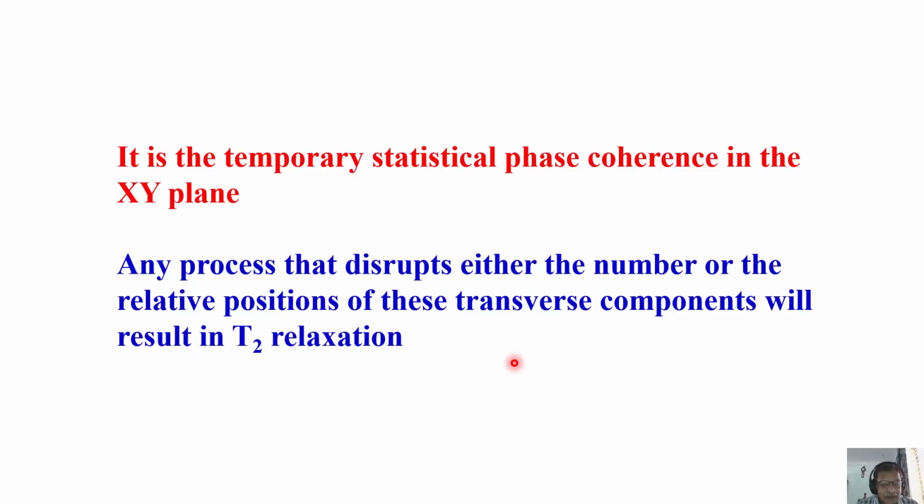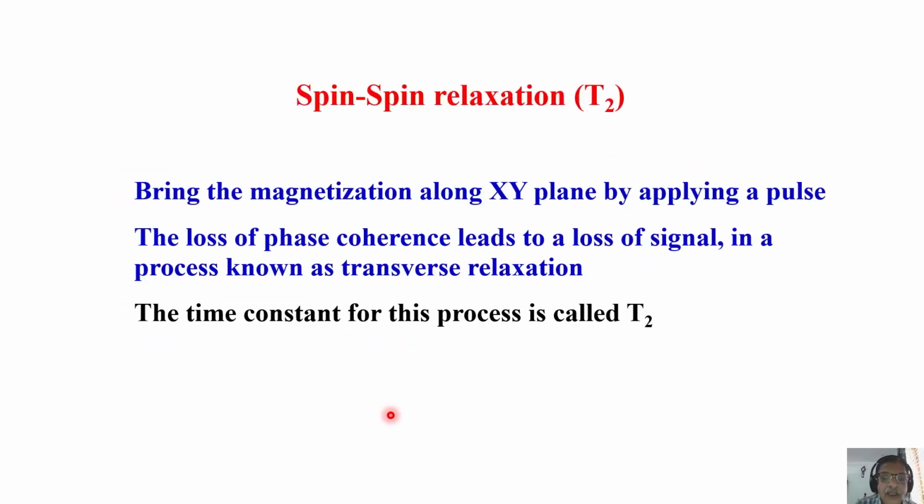How does it disrupt? It disrupts the phases, the relative positions of the vectors. So it makes the spins undergo decoherence. And this process will finally make the transverse component go back to complete decoherence, called T2 relaxation.